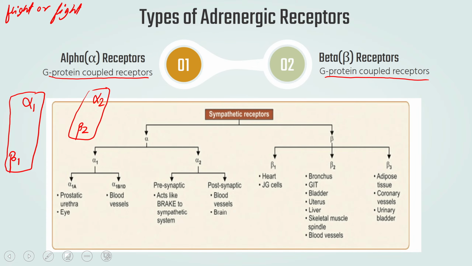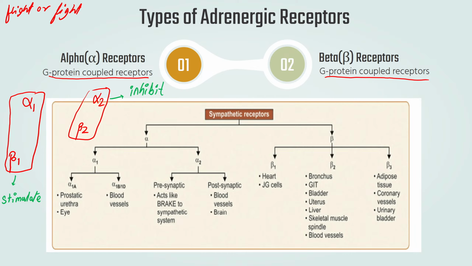Now alpha 1 and beta 1, both of them stimulate, while alpha 2 and beta 2, both will inhibit. Remember this. Alpha 1, beta 1 stimulate, alpha 2 and beta 2 inhibit.